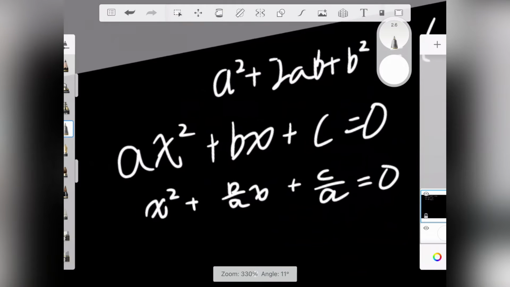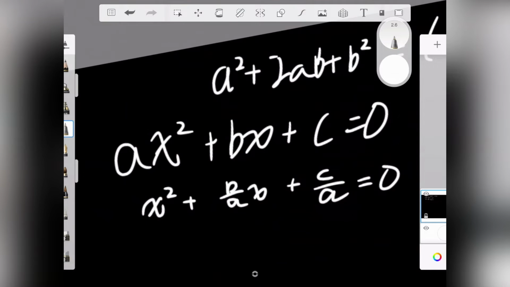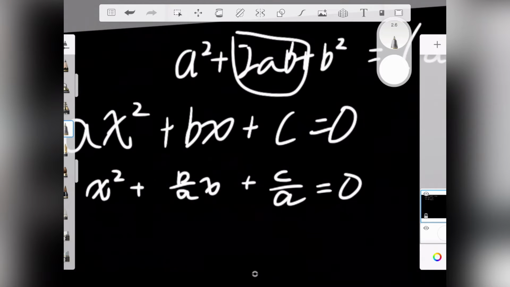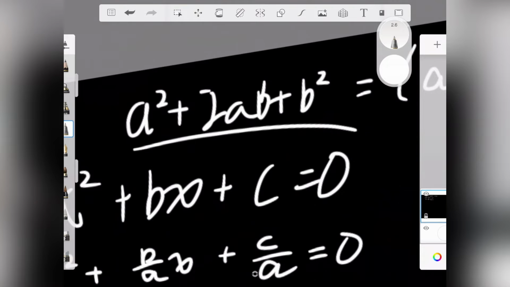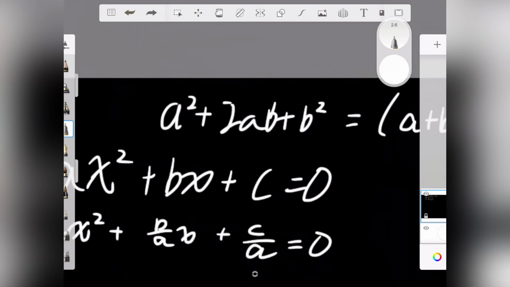Now after that, my purpose is to build the first 2ab. Probably you know that this one is already equal to this. So we want to build this one, using the method of completing the square, which is repeated in another chapter.